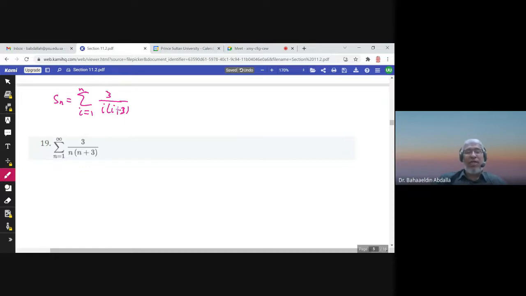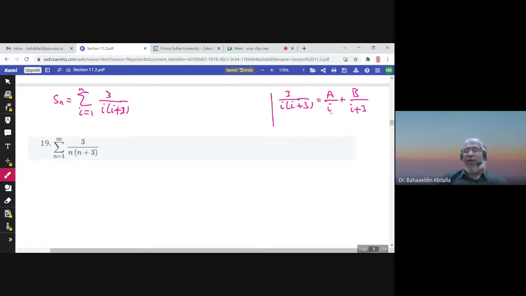And notice that this is not written in the form of addition. So I need to use partial fractions to write 3 over i times i plus 3 equals A over i plus B over i plus 3.